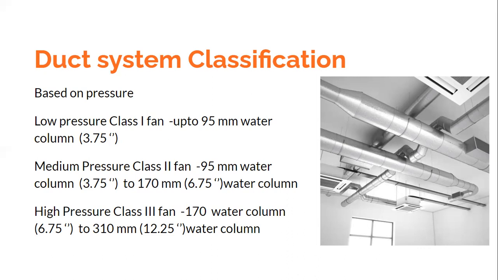And if you talk about pressures above that, up to 12.25 inches of water column, or in mm, 170 mm of water column up to 310 mm of water column, then it is called a high pressure ducting system. So this way we have another way of classifying the system as a low pressure, medium pressure, and high pressure ducting system.